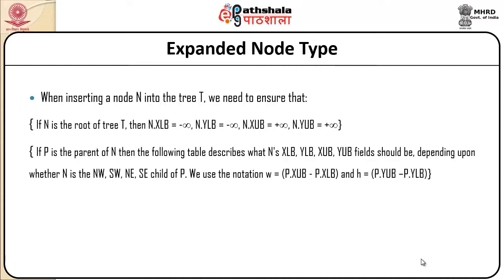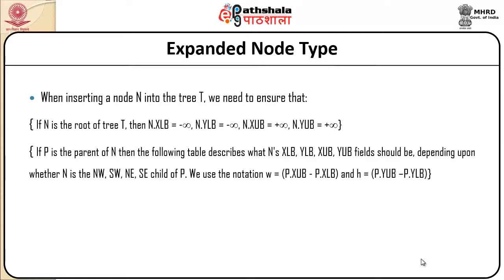We use a simple notation, W, which indicates the difference between P dot X upper bound and P dot X lower bound, and H, which is P dot Y upper bound minus P dot Y lower bound.